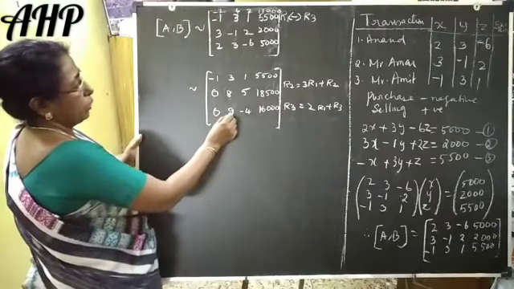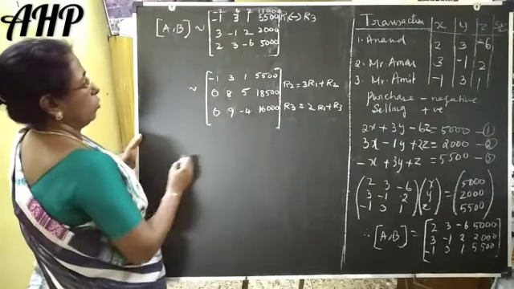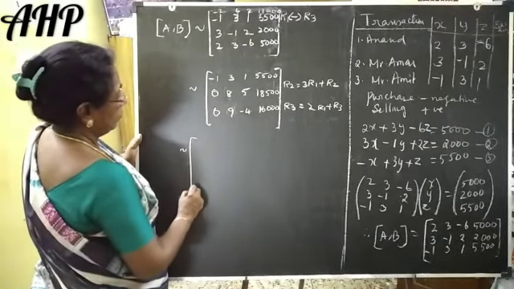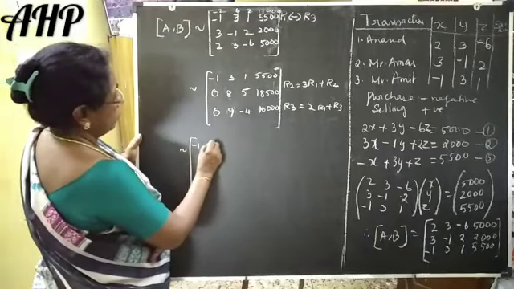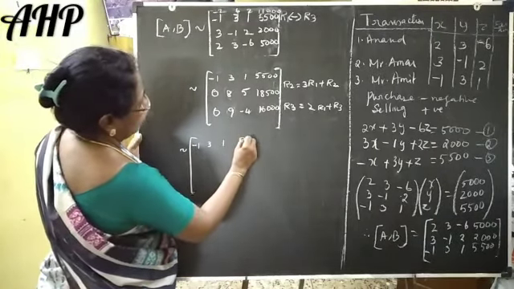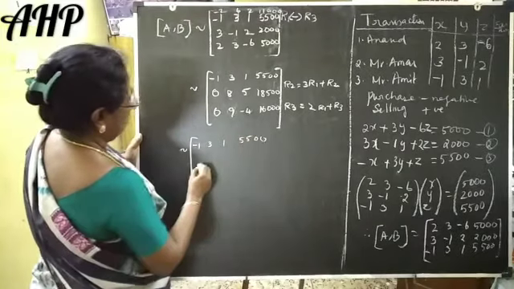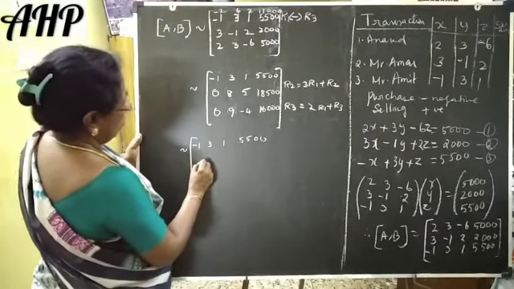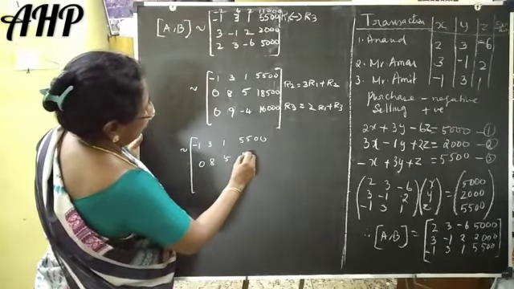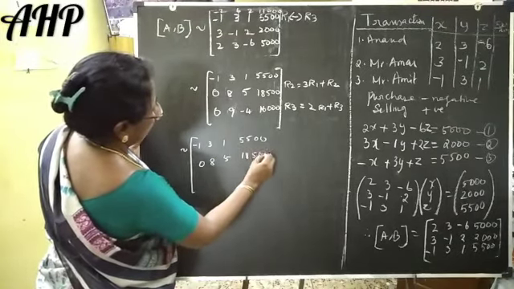Next our aim is to make this place 0. So this is equivalent to -1, 3, 1, 5,500, then 0, 8, 5, 18,500.